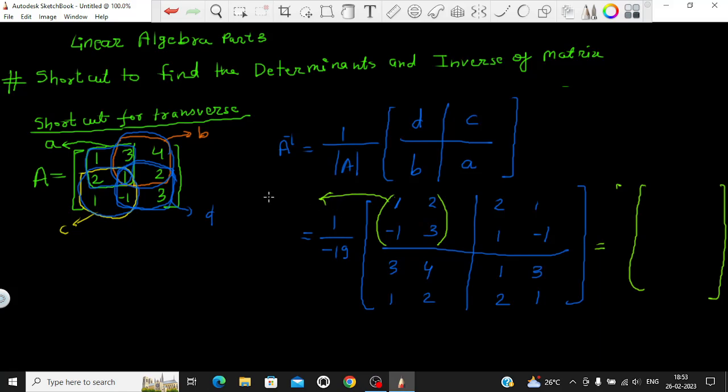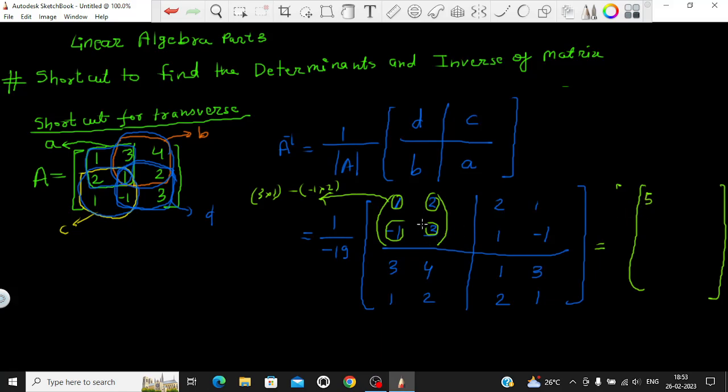I will multiply 3 into 1 minus 1 into 2. In this way we get the determinant of these 4 elements. So I multiplied 3 by 1 minus 1 into 2, and after solving I will get 5. So just write 5 here.